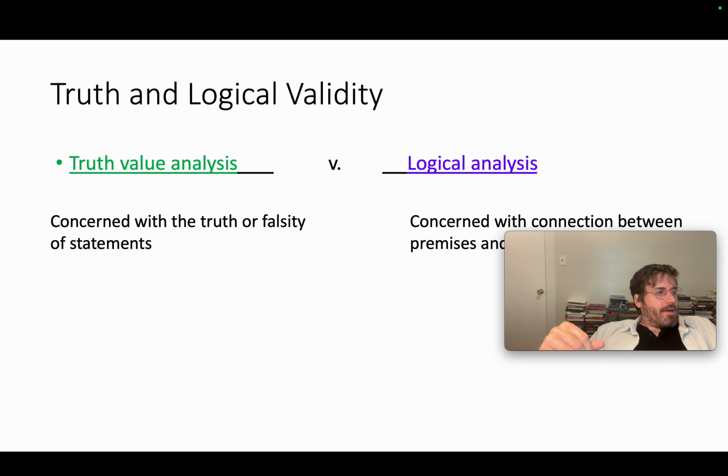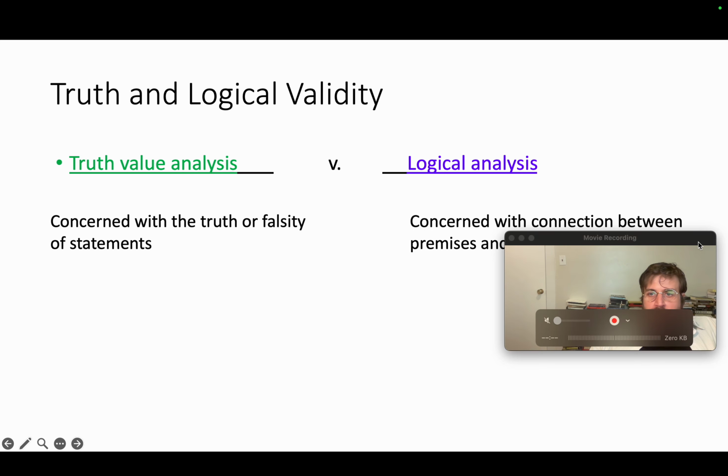More often than not in our book, we will be told whether or not a premise is true or false, or if it's false, it'll be so wildly obvious that we don't have to think for very long. It'll be a dead giveaway that the premise is false. And that's because we're not really going to be in this class thinking about questions of fact and questions of concrete empirical evidence as much as we're thinking about the abstract structure of arguments.